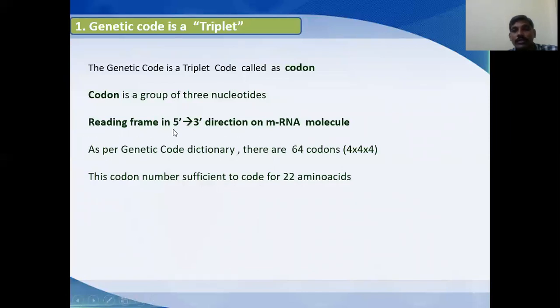This is known as the reading frame, in the 5 to 3 direction on the mRNA molecule. As per the genetic code dictionary, there are 64 codons. This number of codons is sufficient to code for 22 amino acids or 20 amino acids. So the genetic code is a triplet or codon.